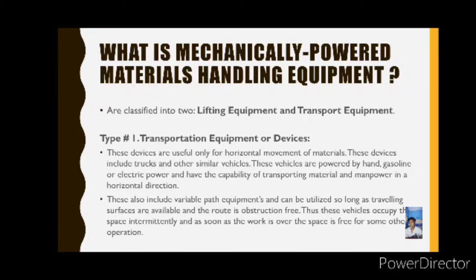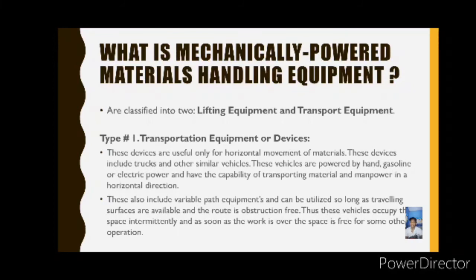First, transportation equipment or devices. These devices are useful only for horizontal movement of materials. These devices include trucks and other similar vehicles. These vehicles are powered by hand, gasoline, or electric power, and have the capability of transporting materials and manpower in a horizontal direction.